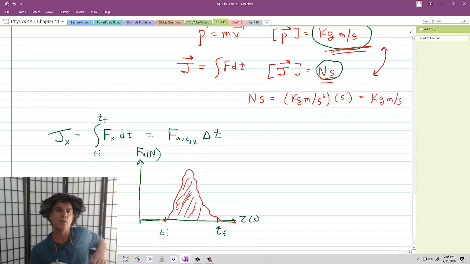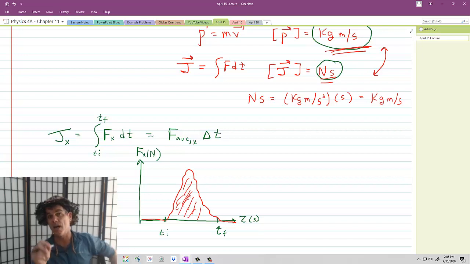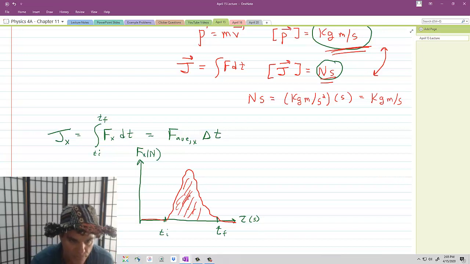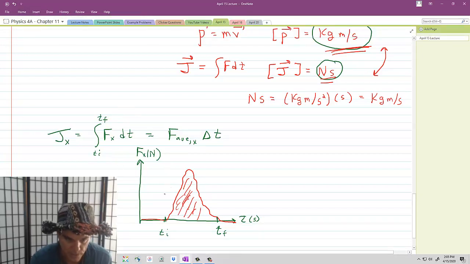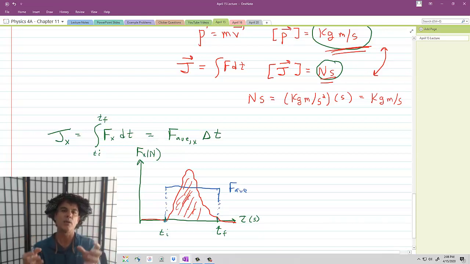Well, how do you think we would define the average force? The average force is the constant force that would give me the same area under the curve as the real force. So my average force, let me do this in blue. I'm assuming that my force is constant. And the average force is the constant force that would give you the same area under the curve of the real force versus time.